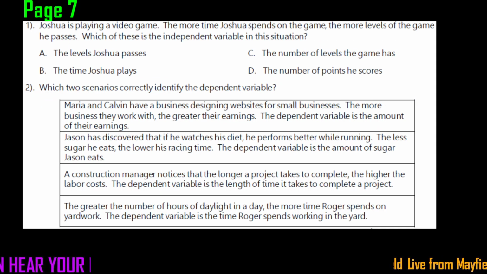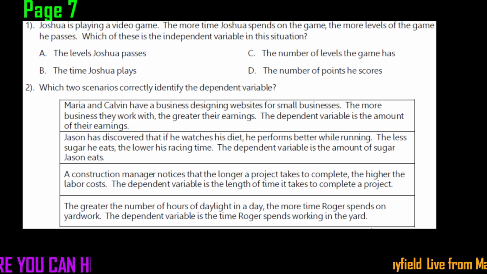So on the first one, it says Joshua is playing a video game. The more time Joshua spends on the game, the more levels of the game he passes. Which of these is the independent variable in this situation? So it's saying the more levels he passes depends on how much time he spends on the game.